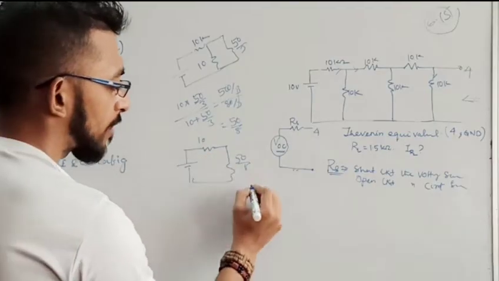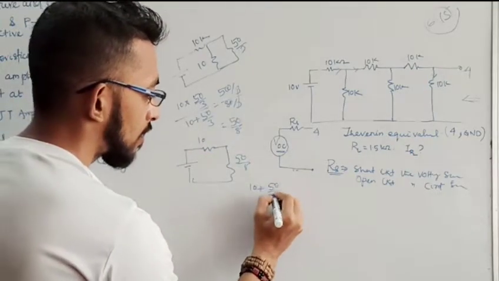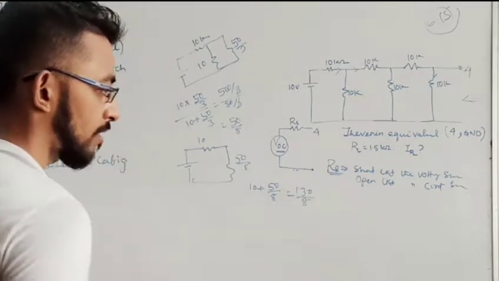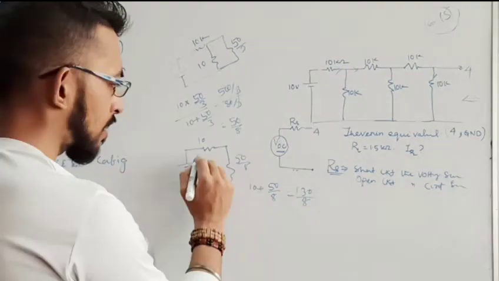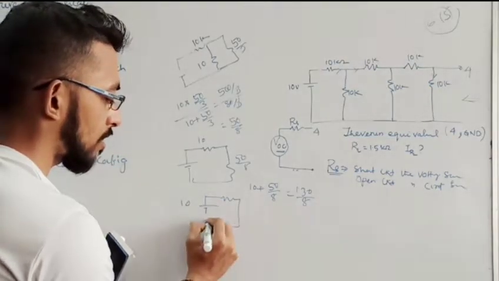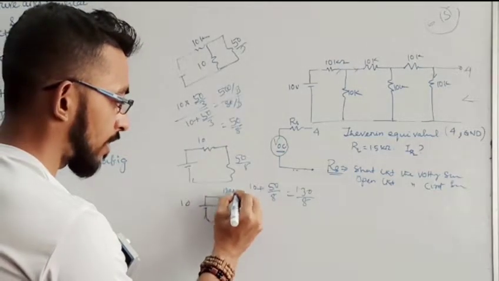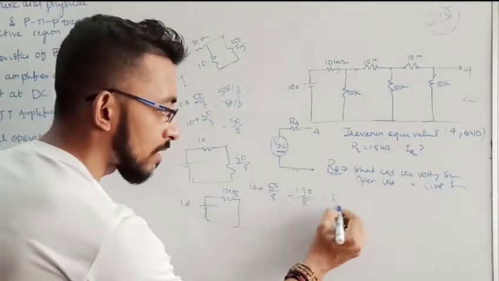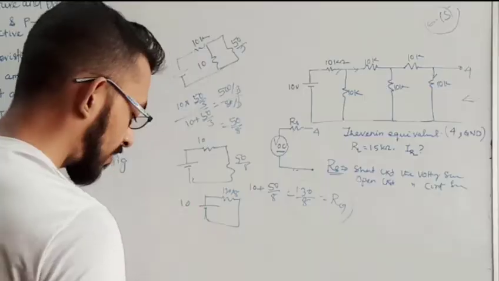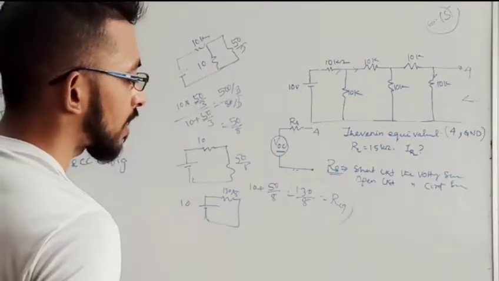Now this 10 and this 50 by 8 are in series, so it is nothing but 50 plus 80, 130 upon 8. This is my source voltage 10 volt with a series resistor whose value is 130 upon 8. This is the equivalent resistance from my voltage source side.